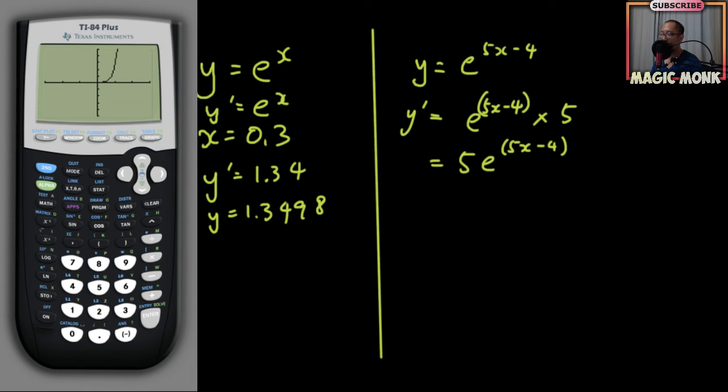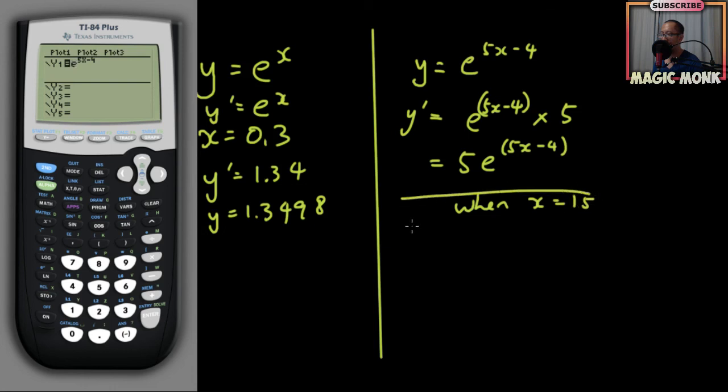Anyway, let's just go to when x is equal to 1.5. This is just checking.